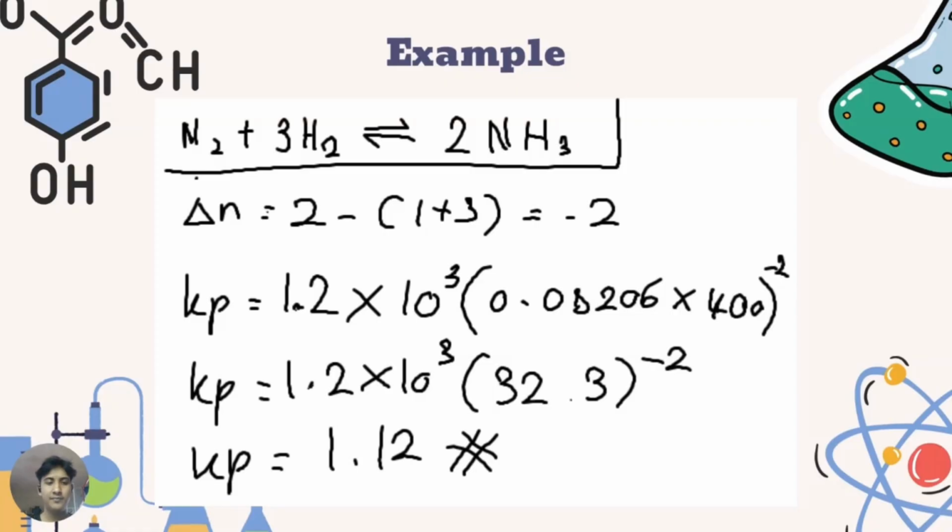After we multiply R with the temperature, we get Kp is equal to 1.2 times 10 to the power of 3 times 32.3, with delta n being negative 2. And we get the final answer: Kp is equal to 1.12. And that's all from me.